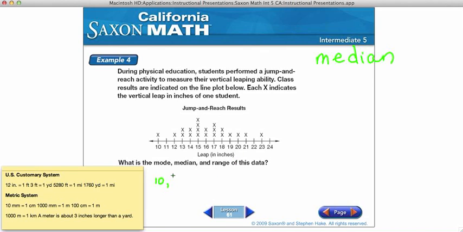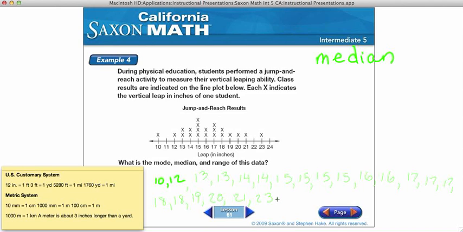So 10, 12, 2 13s, 2 14s, 4 15s, 2 16s, 3 17s, 2 18s, a 19, a 20, 1 21, and a 23.